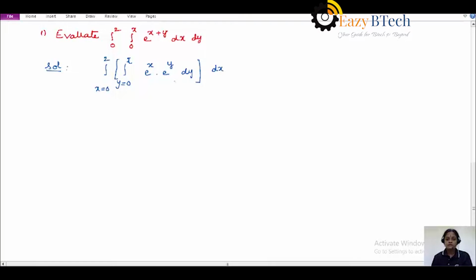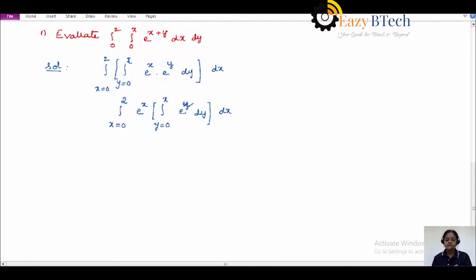Okay, students. And integral x is equal to 0 to 2. So here we are doing the integration with respect to y. Then e power x is common, and y is equal to 0 to x, e power y dy and then dx.